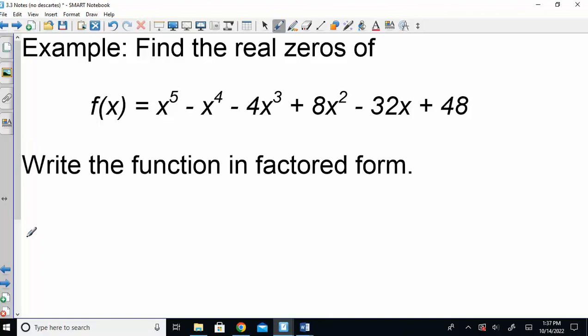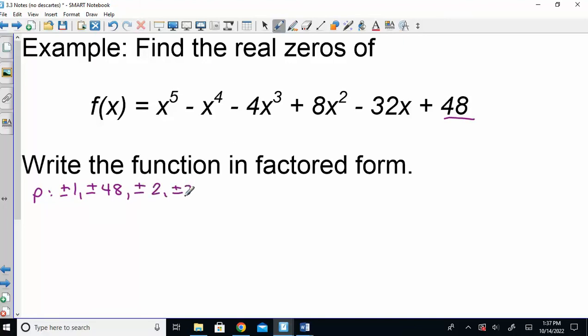Let's go. Okay. So, where do we start? P's, Q's, and possible zeros. So my P value comes from 48. What goes into 48? 6, 1. 1, 2.